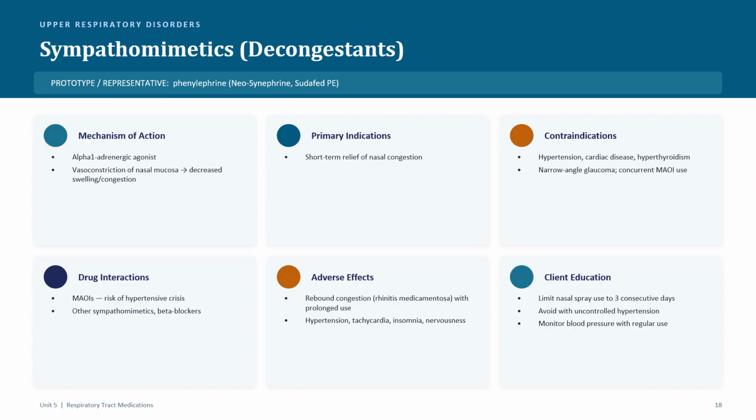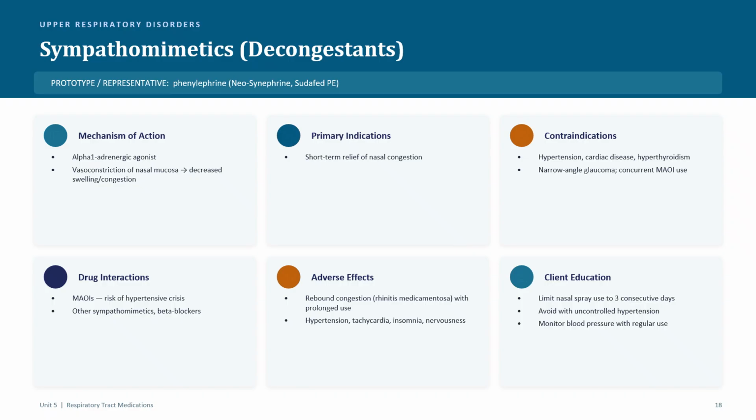And at this point it's counterintuitive. It's not even doing anything for the vasoconstriction that's happening. So that's exactly why the 3 consecutive day rule exists for this nasal spray specifically.